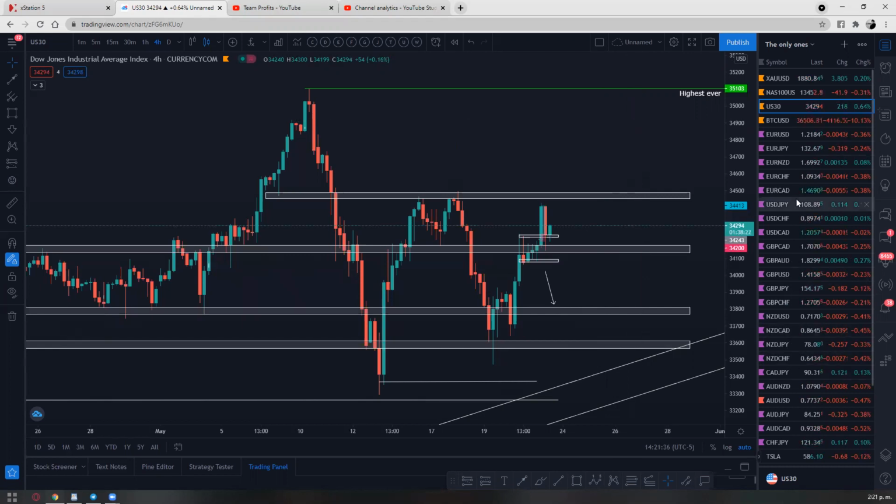It is not that, how can I say, accurate on pairs, because as you already know, pairs are, to me, more volatile than the indexes, the US 30 and the NASDAQ. They tend to do more fake outs.